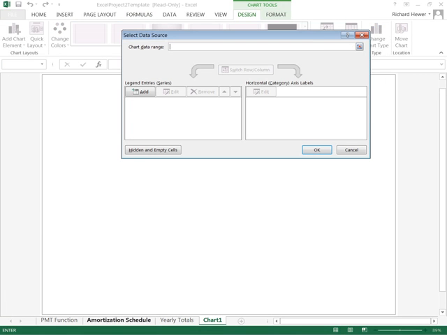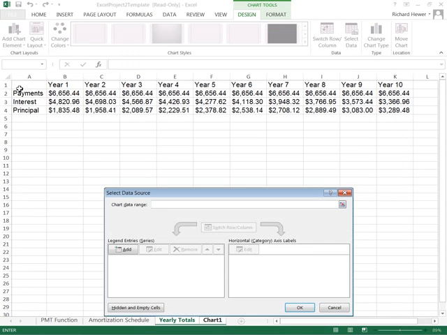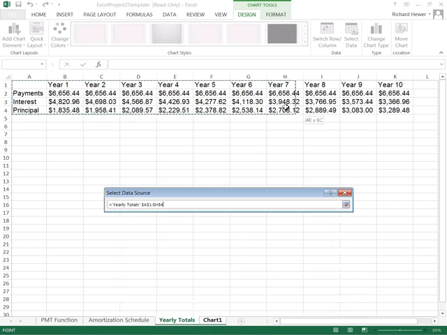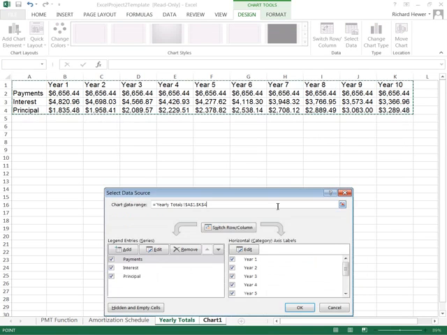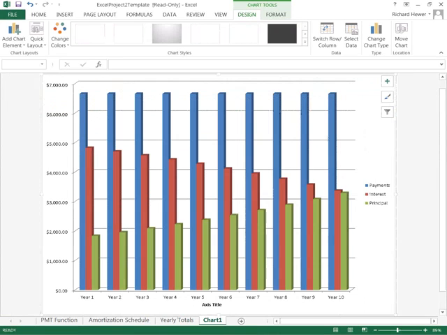When you click Select Data, you will go over here to the yearly totals, and we highlight everything there. That way we will have our labels on the left, payments, interest, and principal, and the labels for the horizontal of year 1, 2, 3, 4, 5, 6, 7, 8, 9, 10.